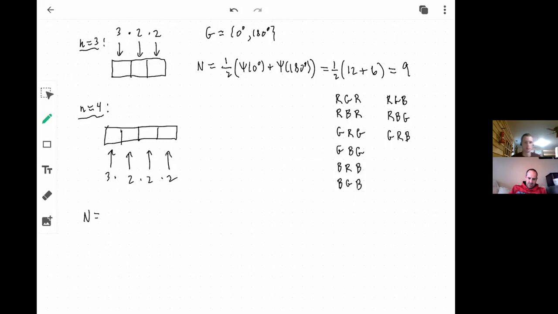N is going to be 1/2. Okay, so 1/2, and then we have all of them, correct? Right, which is what? 24. Yeah.